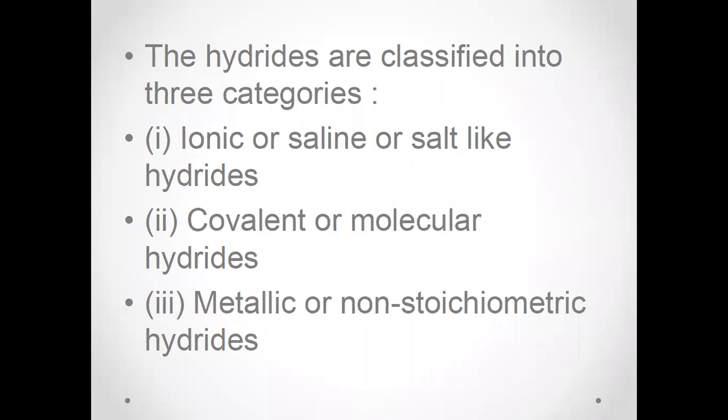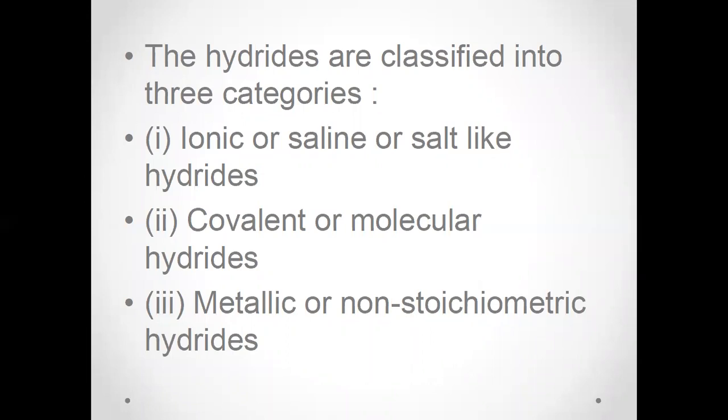First one is ionic or saline or salt-like hydrides. Why do they compare ionic with salt and saline? Because ionic bond is present in salts. A common example is NaCl, where the elements are combined with an ionic bond, and they have the property to dissolve in liquid effectively. If you put salt in water, it will disappear after some time. Why? Because NaCl will dissociate into Na positive and Cl negative.